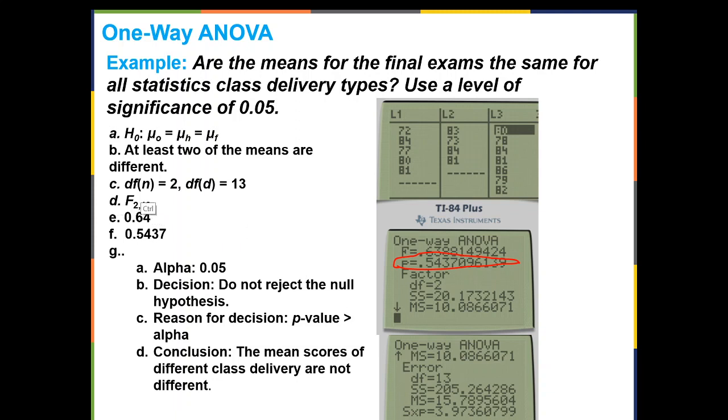And what is the F distribution we use? It is the F distribution with the numerator's degrees of freedom of 2 and the denominator's degrees of freedom of 13. And then E part is what is the F stat, and the F is what is the p-value, which we can all get from here. And the G, of course, is the decision we have to make.